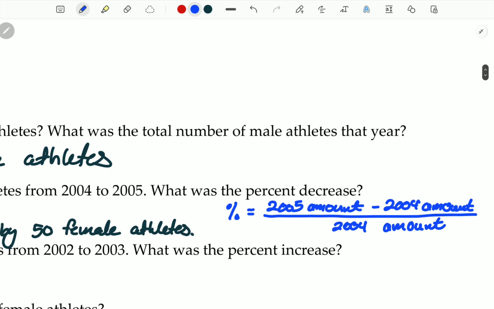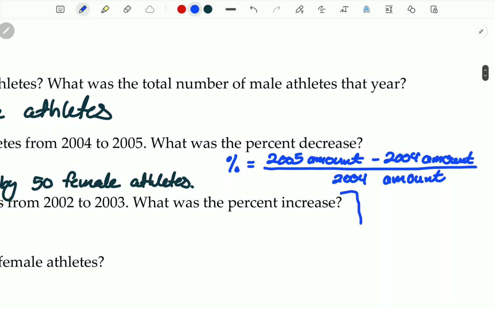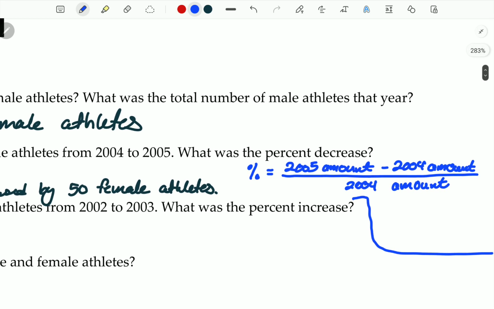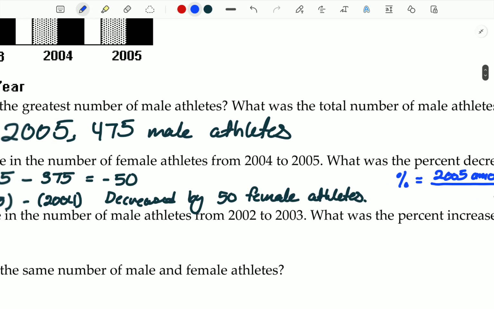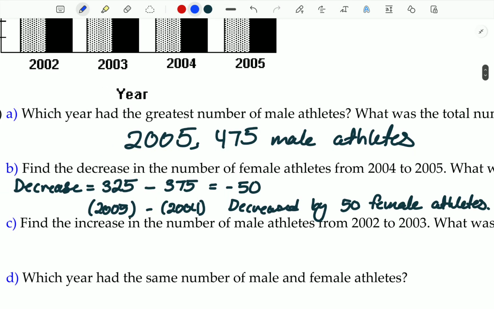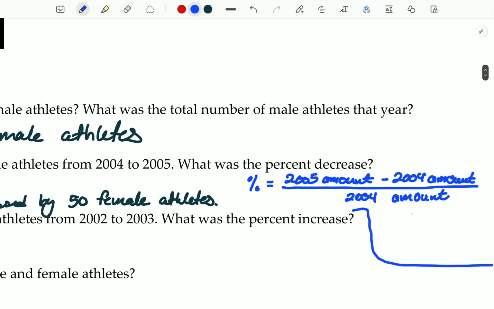So I ran out of room. We can go down here. So we already found the difference between the 2005 amount and the 2004 amount. That is going to be minus 50. So that's going to equal negative 50 divided by the 2004 amount, which was 375.